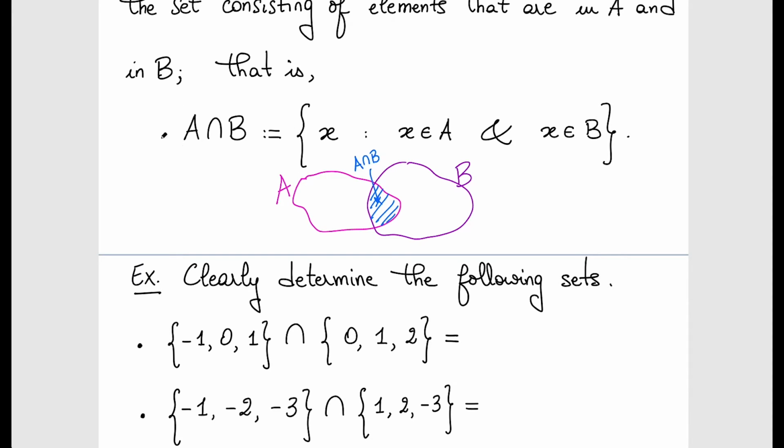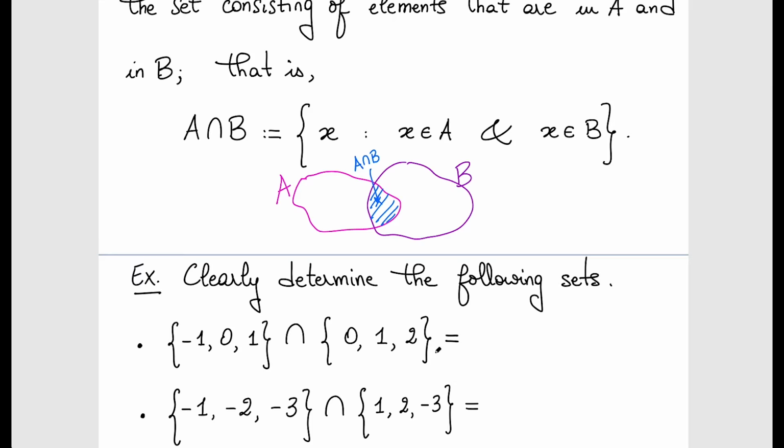So according to the definition just given above, the intersection between two sets is the collection of objects that belong to both sets at the same time. There's an and here, right? The ampersand. These objects that belong to the intersection are at the same time in A and in B.